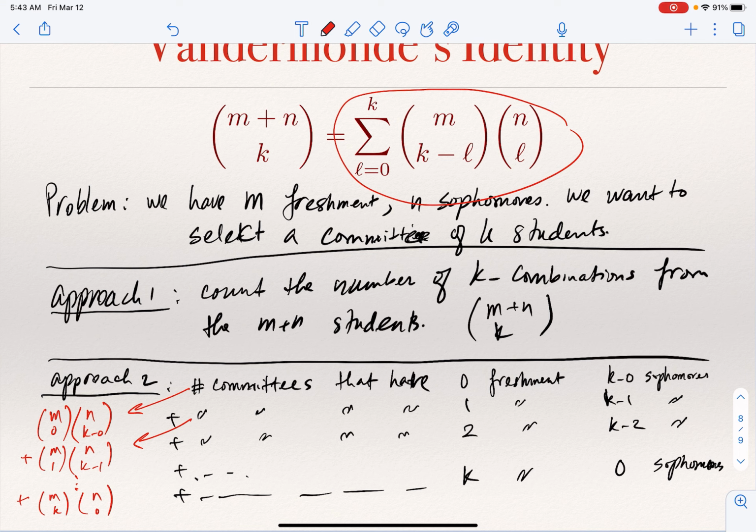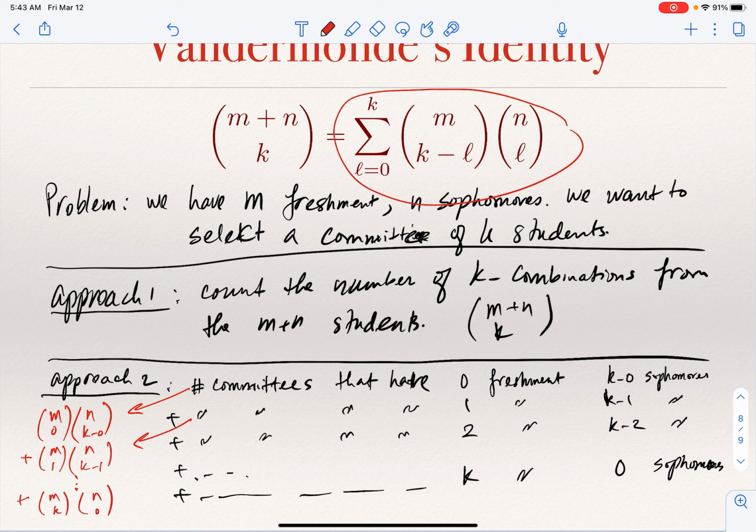So combinatorial proofs operate like this. One has to be careful because it sounds like there's hand waving here. There is no hand waving. If you are doing each one of these approaches, you have to write a valid approach to solving the counting problem. And if you look at this, there are no holes in this argument.